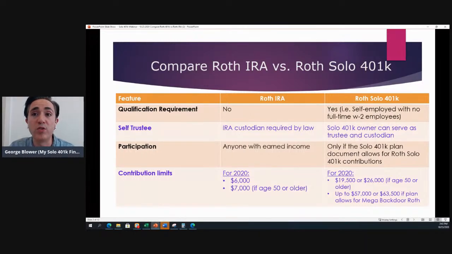It's your W-2 wages that you get from your self-employed business taxed as an S Corp. So it's 100% of that self-employment compensation up to the overall limit, which for 2020 is $57,000. But the overall limit for purposes of voluntary after-tax contributions doesn't go up to $63,500, even if you're 50 or older. So hopefully that helps.